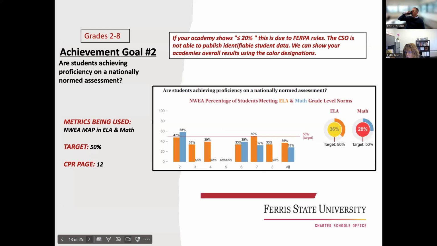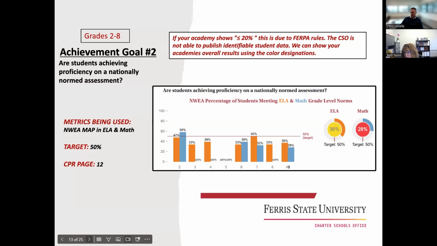We've split it up by grade levels, but we look at the all category after grade 8. Those numbers, so ELA is 36, should correlate with the 36 yellow approaching designation, and the 28 from the math, right from that chart, should go into the circle graph showing does not meet for this specific academy.